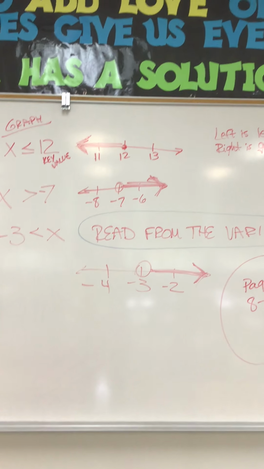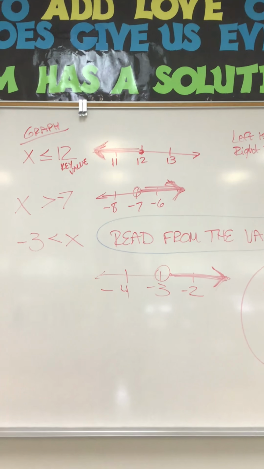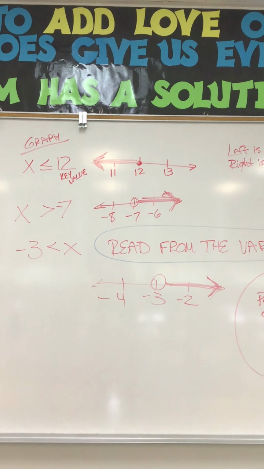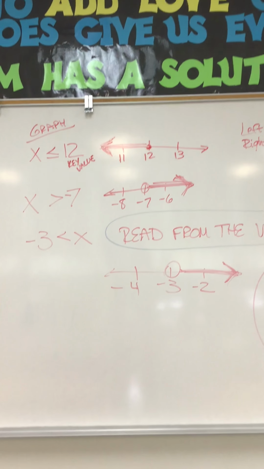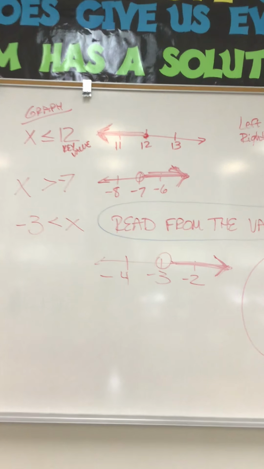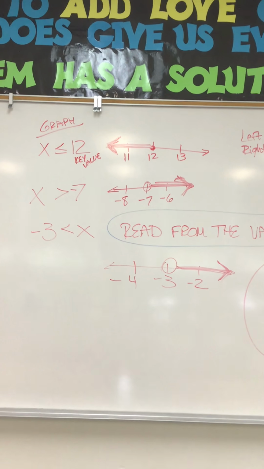We're going to select and shade 12 because it's part of the solution. And then we're going to select and shade everything less than that. And yes, I want you to include the arrow. And yes, I want it shaded. I don't just want a line pointing to the left. So please select and shade your solution.